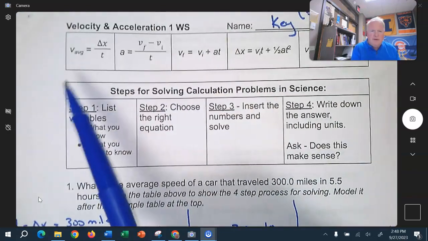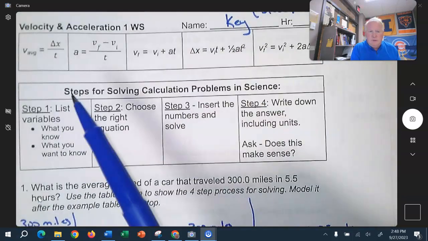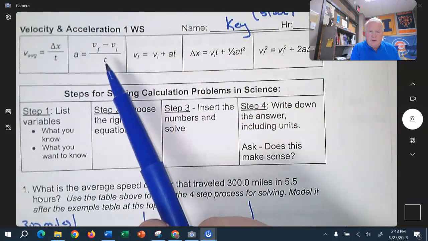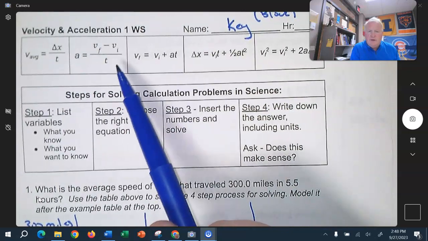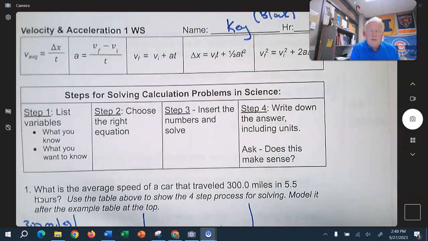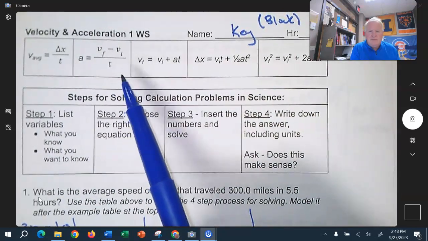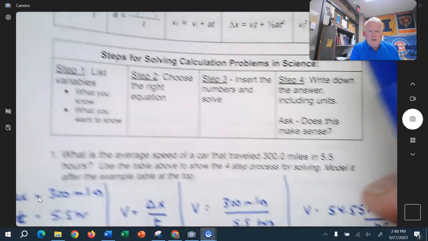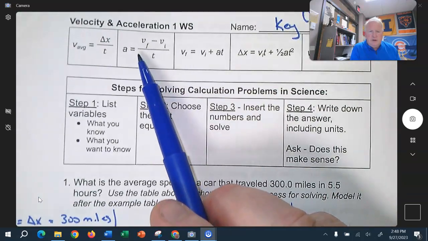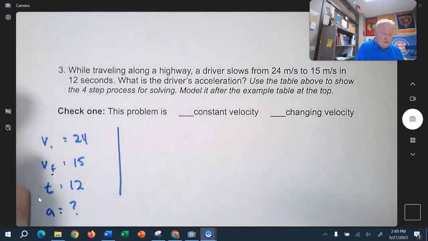So I've already eliminated this one and this one as choices. And really now I'm left with these two. If you remember from our conversations, these are actually the same equation, just written differently to help us. And so we're going to choose the one that makes it easiest on us. We have to solve for A. So why not choose the equation that's already solved for A, this one right here? And that's the one that we're going to choose.